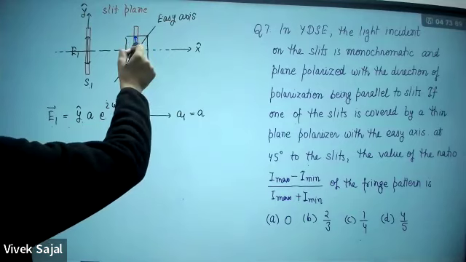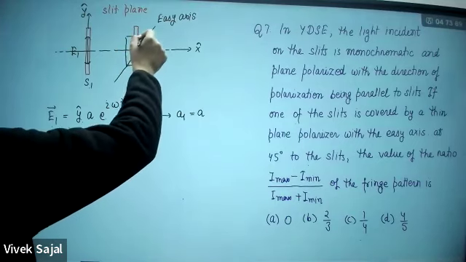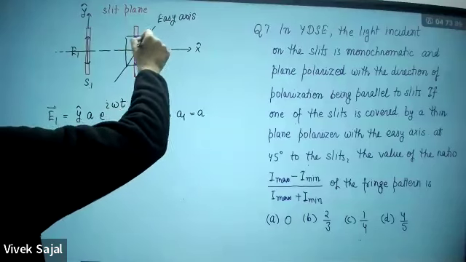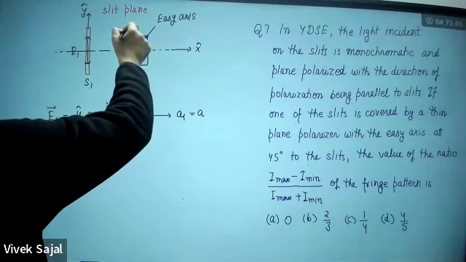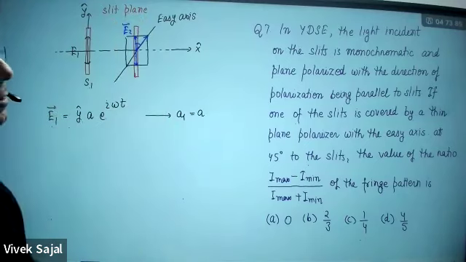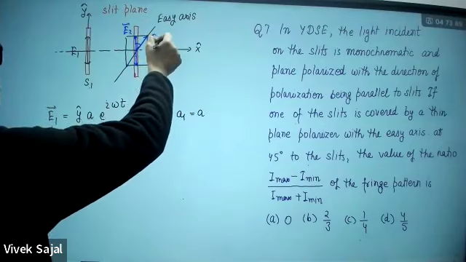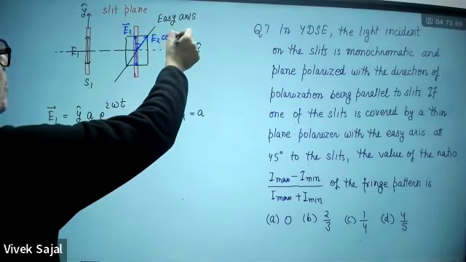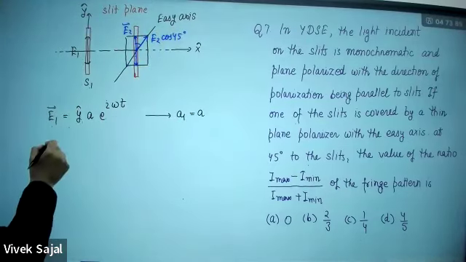So the component of this E1 is going to pass through this pass axis. What will the component be? If this is E1 or E2, whatever you want to assume, this is the E2 vector. What will this component be? This will be E2 cos 45 degree. So what will be E2?